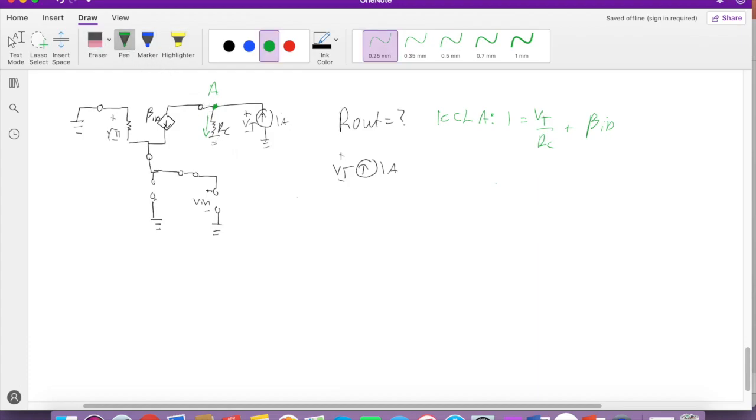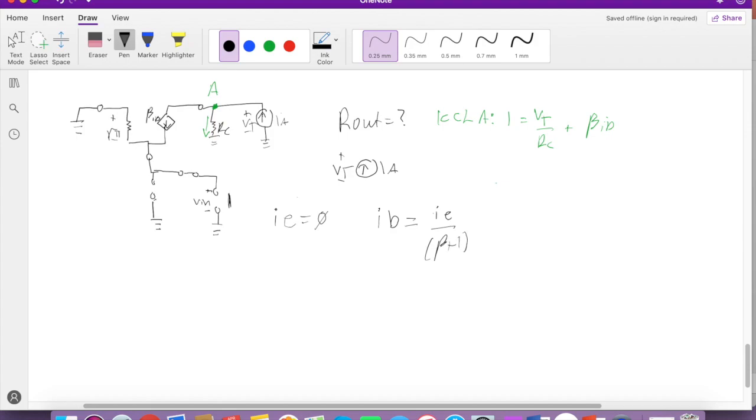Now, what we can quickly notice is, since we do not have an input anymore in the emitter, we can clearly see that here's an open circuit. That means we have no current flowing through the emitter. So IB is equal to IE over beta plus 1.